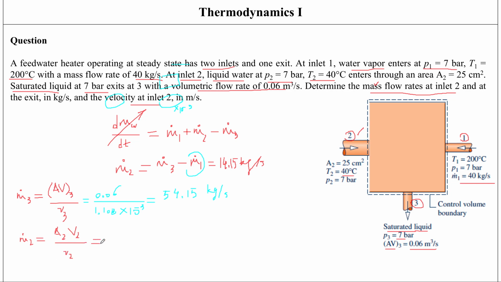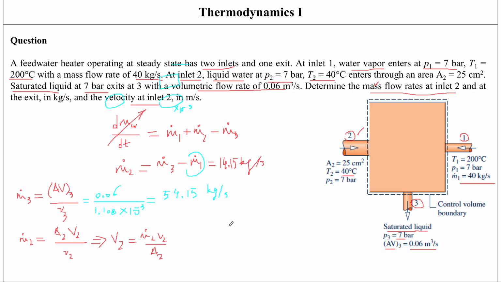And if I just rewrite this equation in terms of velocity, because that is what I have to find out, I could write it as m dot 2 multiplied by specific volume at 2 divided by area at 2. So the only thing that I don't know right now is the specific volume here.